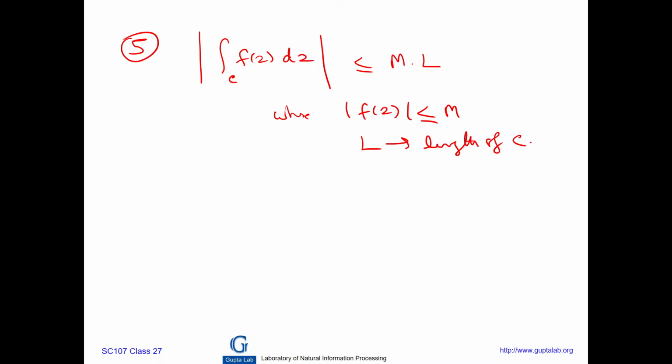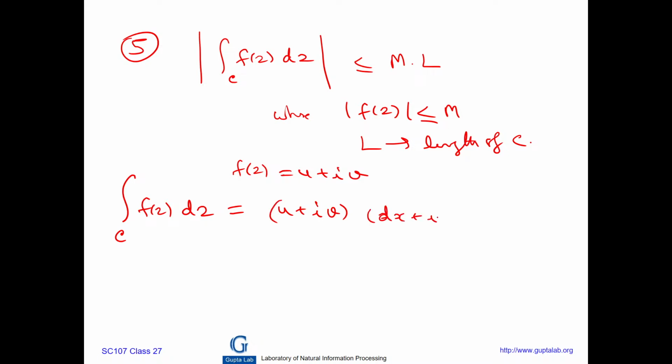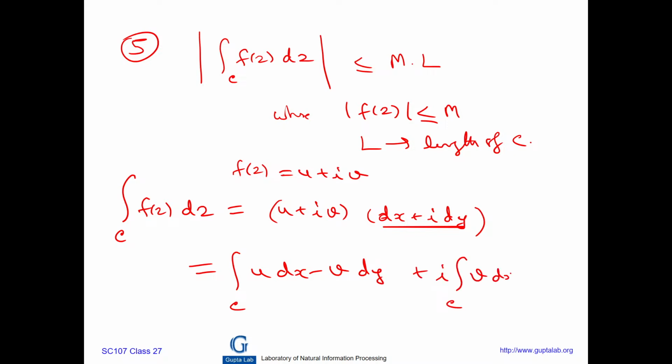Now you see, what is this value actually? Suppose f of z is u plus iv, where u and v are functions of x comma y. Then the integral is u plus iv times dx plus i times dy, because dz is dx plus i dy. The whole thing can be written as the integration along C of u dx minus v dy plus i times the integration along C of v dx plus u dy.